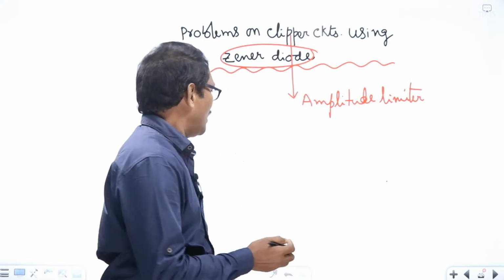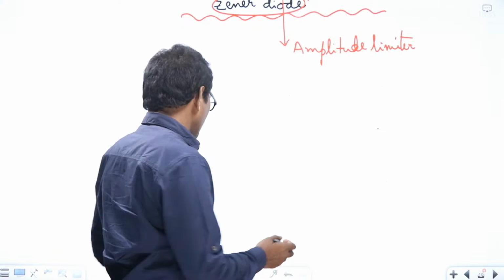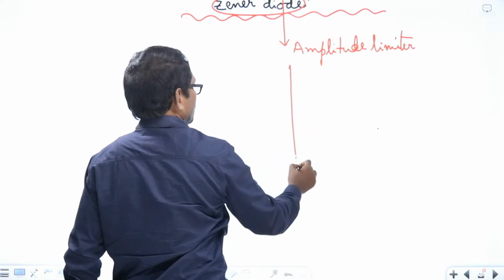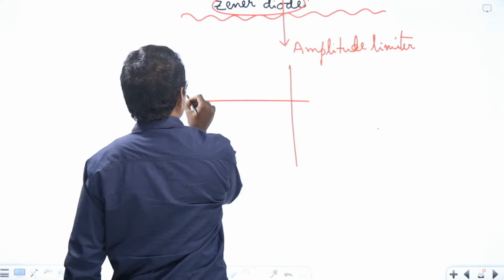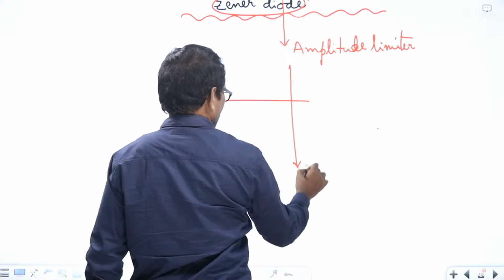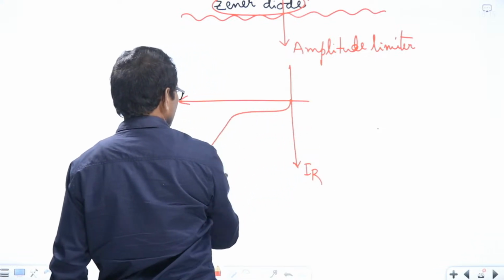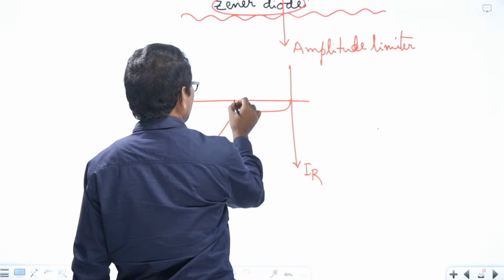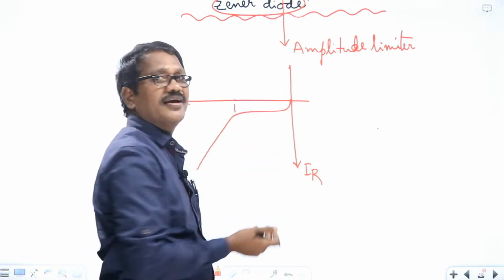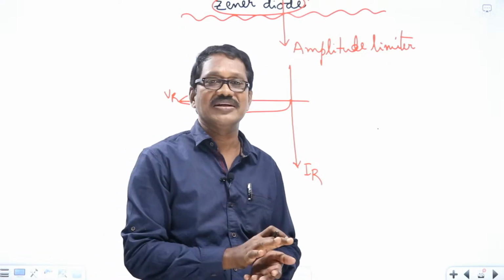If you observe the VI characteristics of the Zener diode, like this: this is the reverse voltage VR, and IR in microamperes. This is a practical diode. Basically it is a reverse bias diode, always operated under the breakdown region.